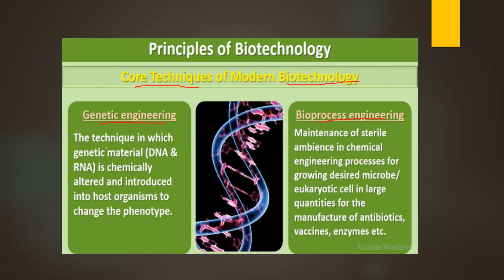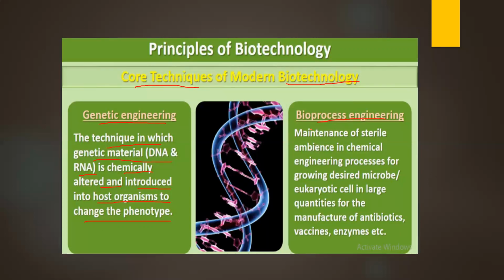Genetic engineering is the technique in which the genetic material, that is the DNA and RNA, is chemically altered and introduced into the host organism to change the phenotype. The DNA or RNA is taken, alteration is done in it, and obviously when you introduce it into the host, the phenotype of the host is changed.